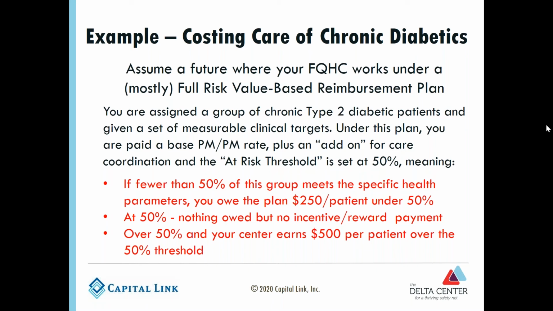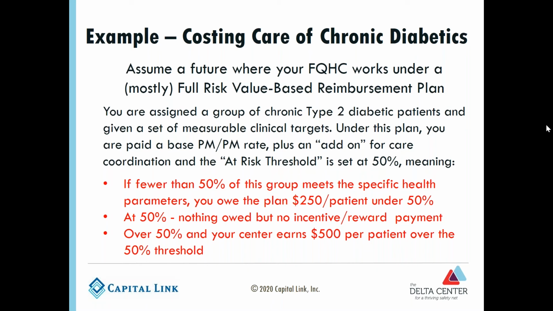But assume that it's at 50%. If less than 50% of your group meet those specific parameters, then you owe back to the payment plan the $250 a patient for every patient under that 50%. If you're at 50%, you owe nothing back, and there's no reward. You're just where you are. And over 50%, you earn $500 per patient for every patient over that 50% threshold.